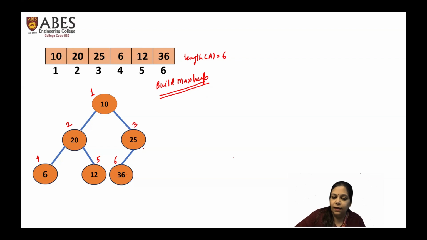Here we can see that this 25 has only one child, and the value of this child is larger than the node. So these two values will be swapped. So in the first step, in order to build a max heap, this tree will look like this.